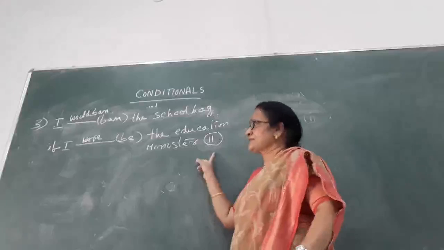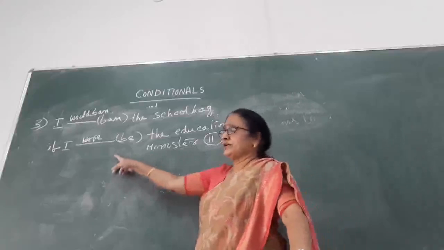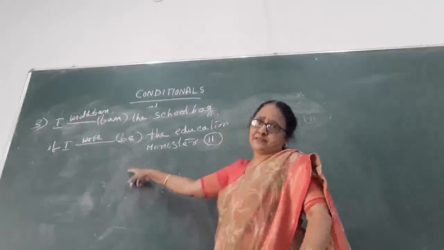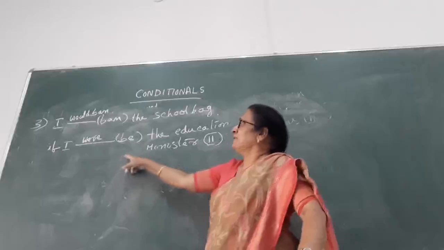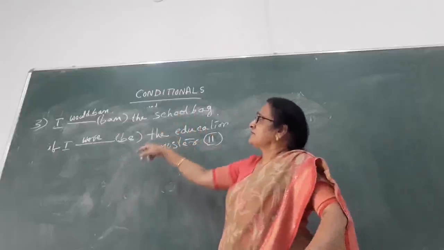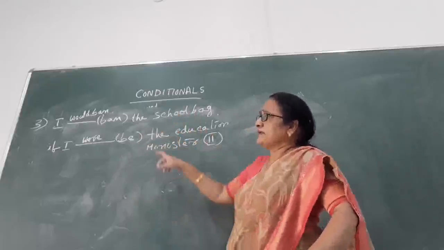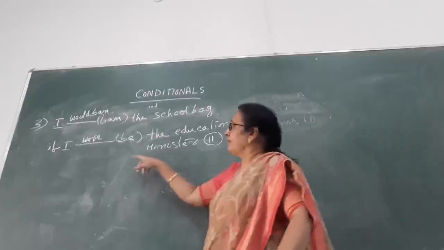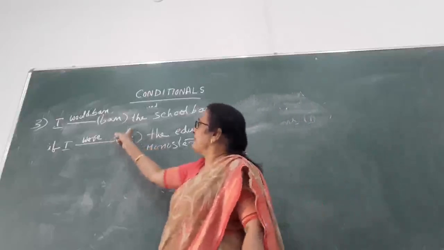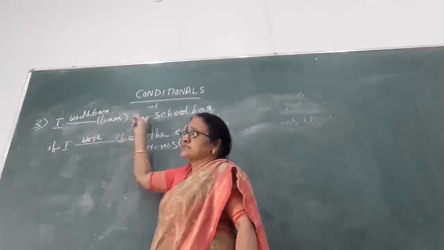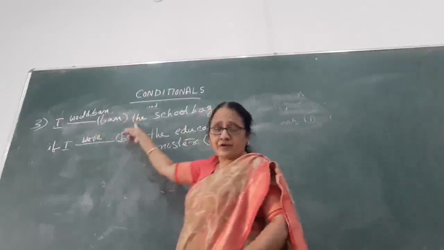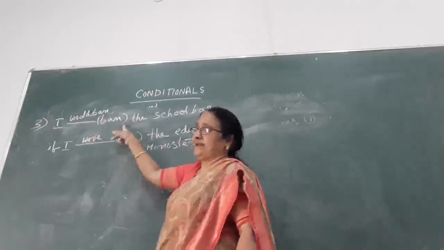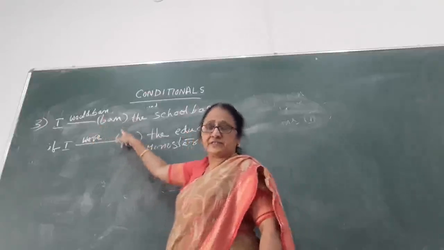In the second conditional, again you remember, the if clause will be in the simple past, and the main clause will be would plus V1. Here, I dash ban is the main clause. In the main clause you have to write would plus V1. So that's why I would ban. Ban is V1.